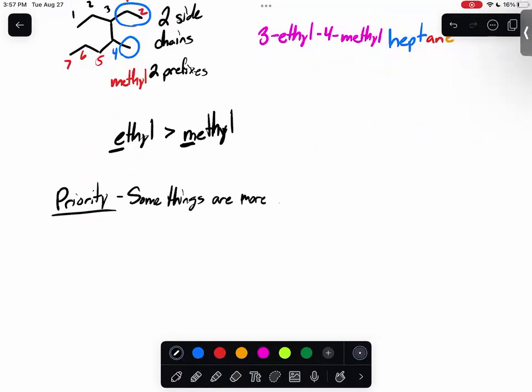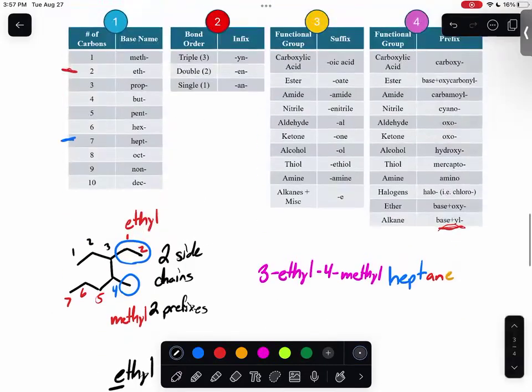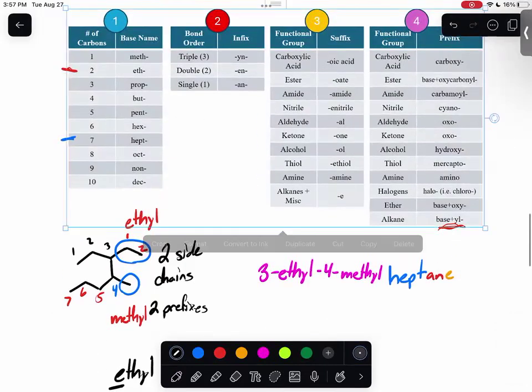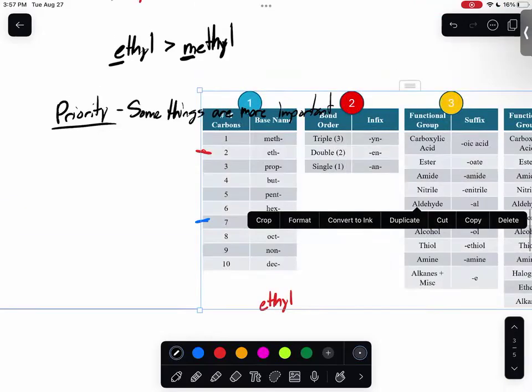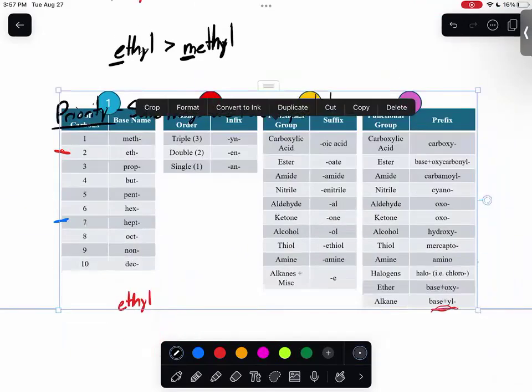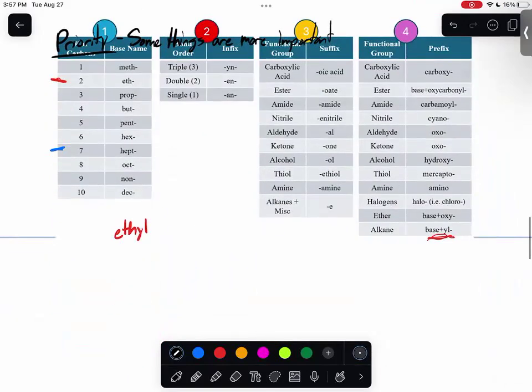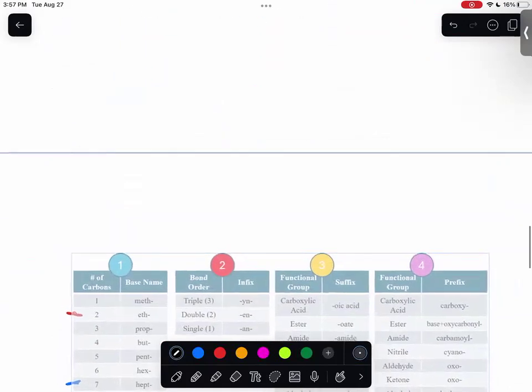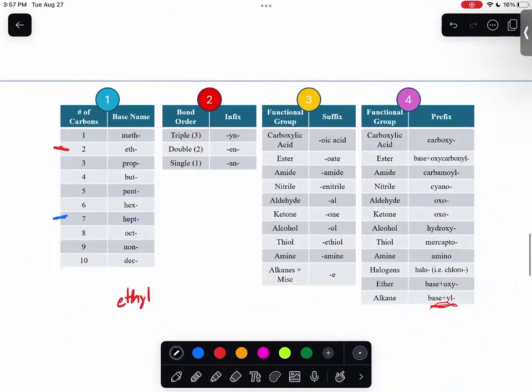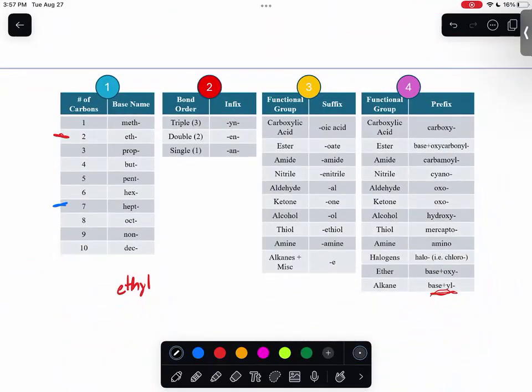So, what does priority actually mean for this entire chart here? Well, essentially, what we're saying is that some prefixes are more important than others, some suffixes are more important than others. All right. And so looking at this, it's actually very simple. They're already in order. So if you look at these from top to bottom, the top is the highest priority, right?